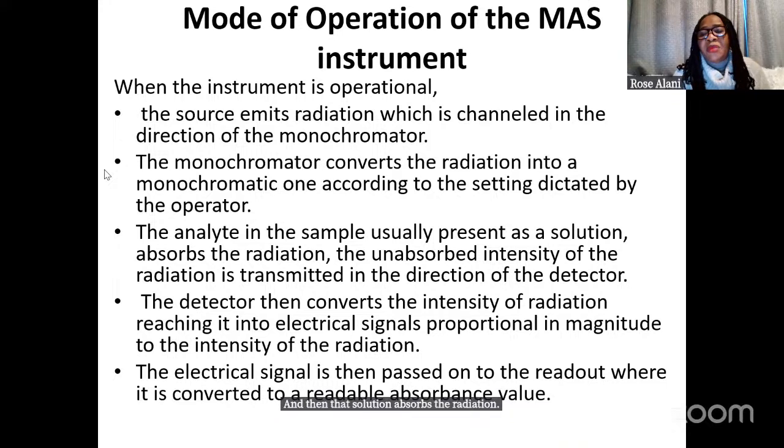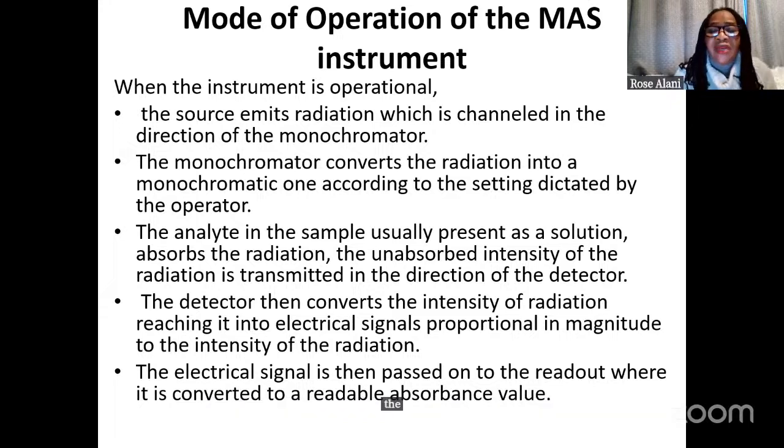The unabsorbed intensity of the radiation is transmitted in the direction of the detector. So that means you must know how much light came in, the incident radiation, and how much light went out, so you'll be able to know the difference.